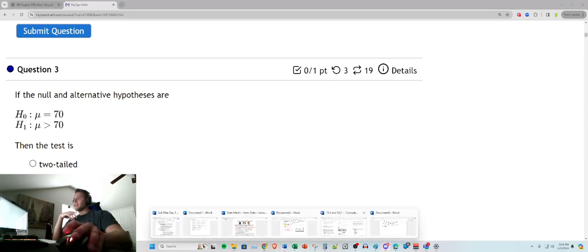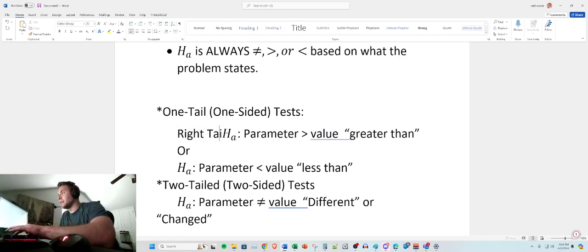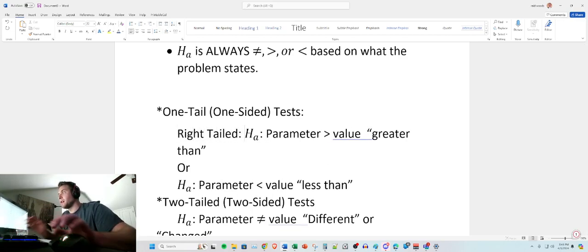So let's go back and add that to our notes. What I always say as a trick is you look at the way that inequality is pointing. Greater than means going to the right. If we think about the x-axis, this would be right-tailed.